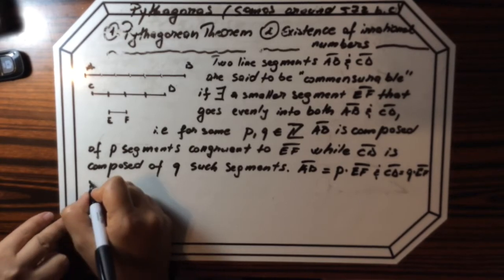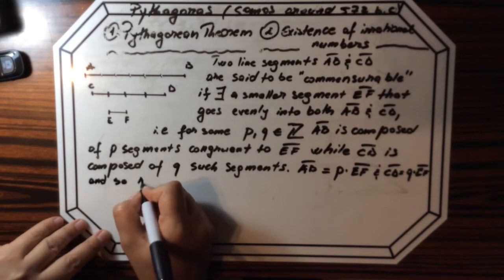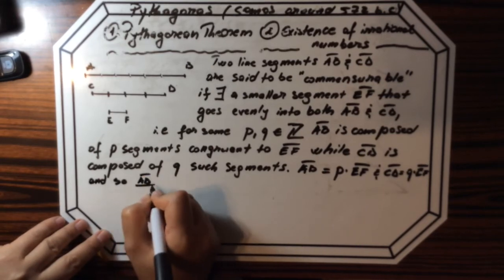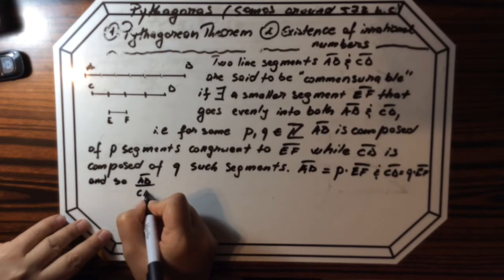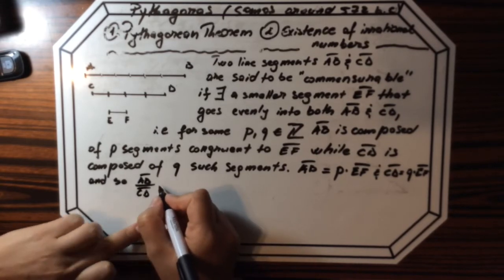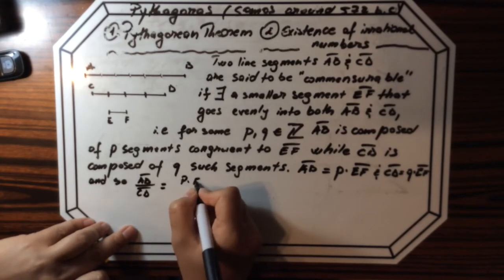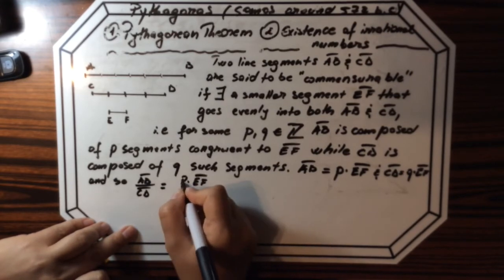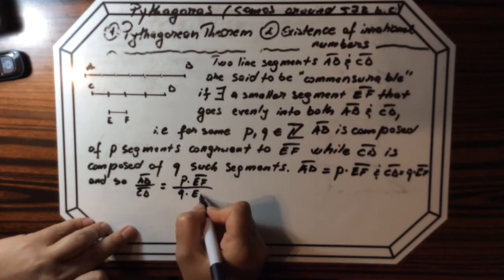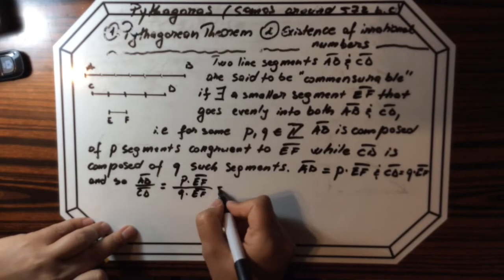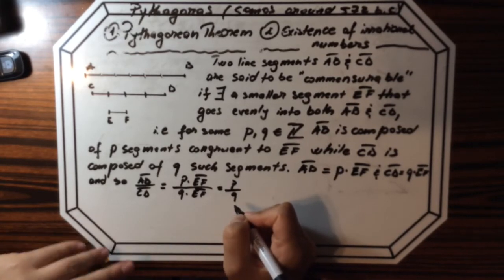And so the magnitude or the length of segment AB over the magnitude of segment CD is equal to p times EF over q times EF, and that is the same as saying p over q.